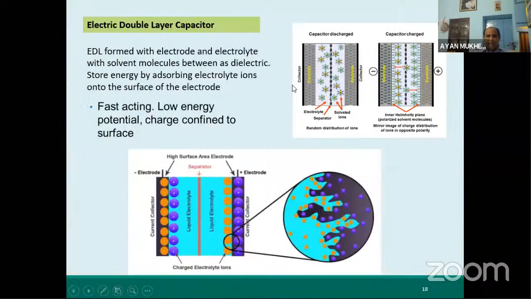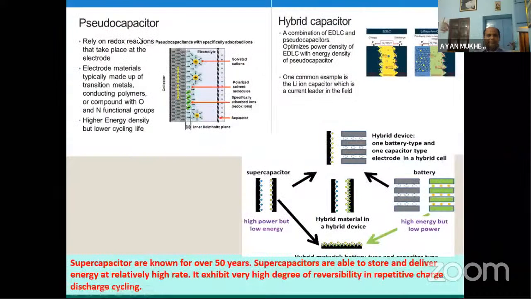Now, in an electric double layer capacitor, there is no transfer of charge, but there is a quick process where positive and negative ions are there, and they store the charges. In pseudocapacitor, there is an oxidation reaction which helps store the charge by transfer of charges.